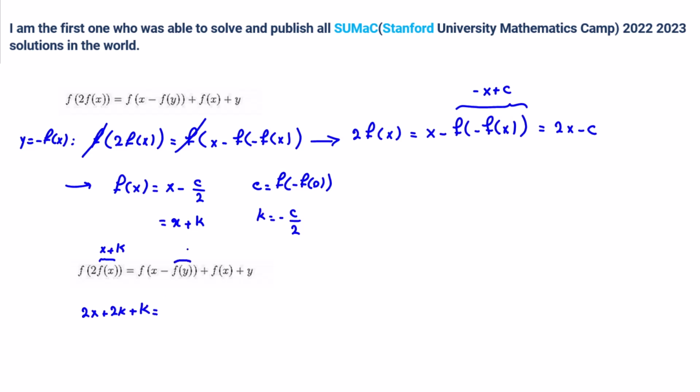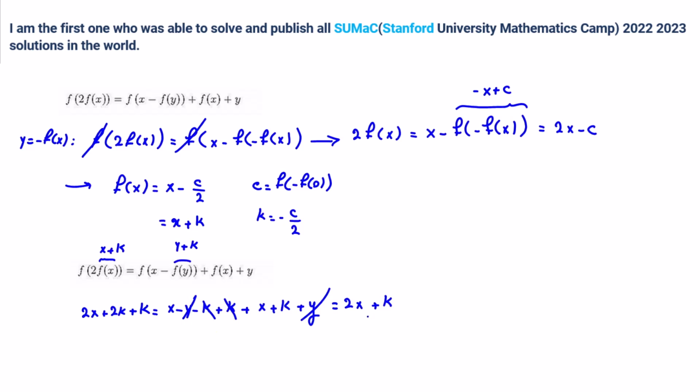Now f of y is y plus k, so x minus y minus k plus k, plus x plus k plus y. We can cancel y and the k's, so it would be 2x plus k, right?